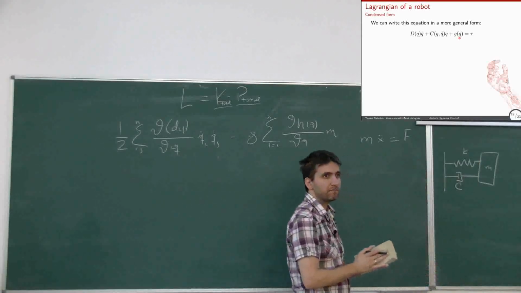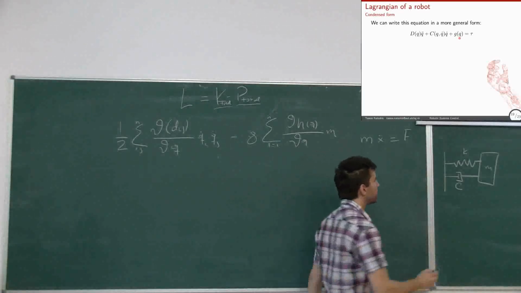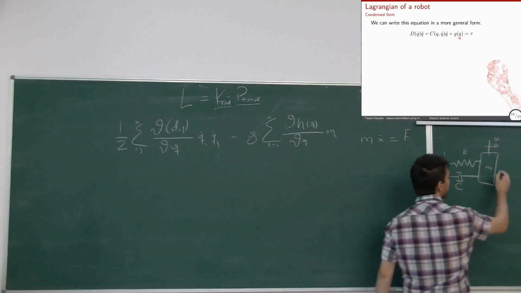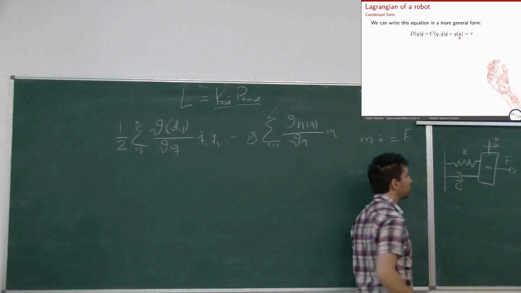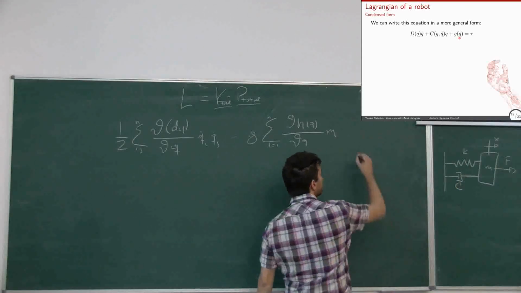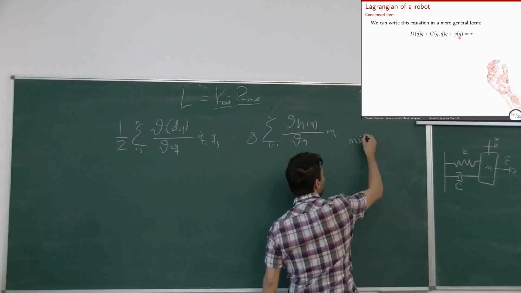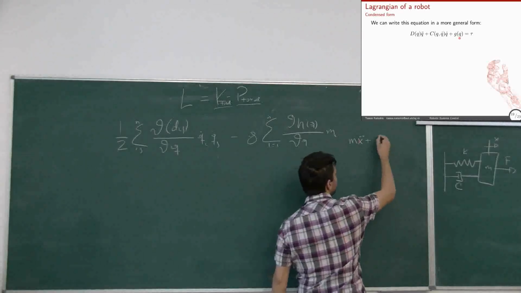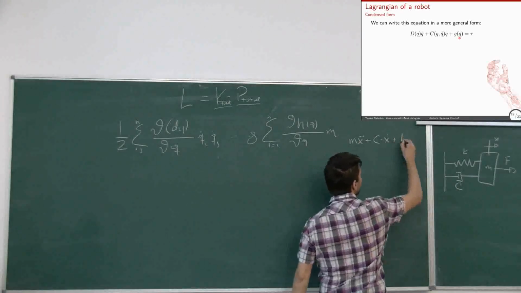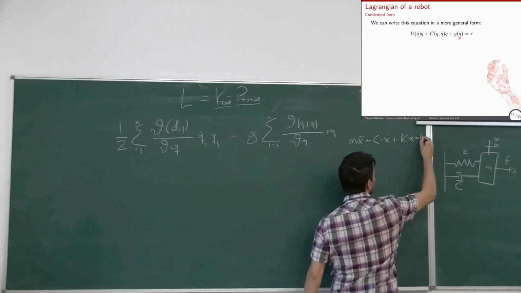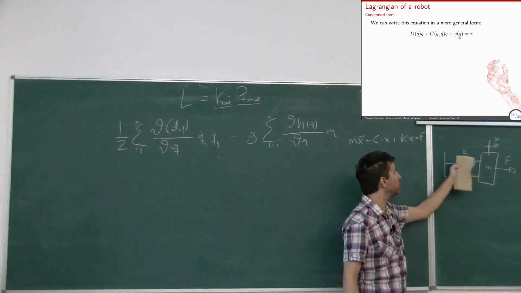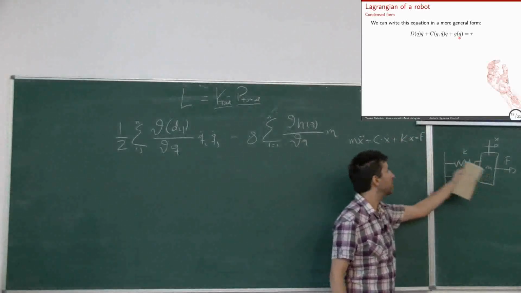Do you remember what the equation for these systems was? And let's say I have a force as well. What was the equation of motion for this system? It was something relating to acceleration and mass, something relating to velocity, and something relating to position. Okay, where k is the spring coefficient, c is the damping coefficient, and m is the mass.